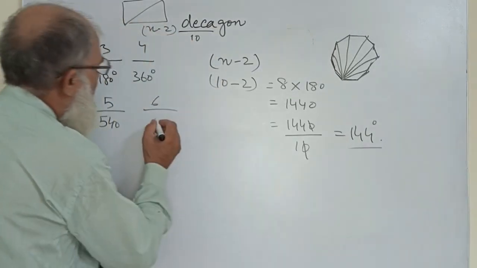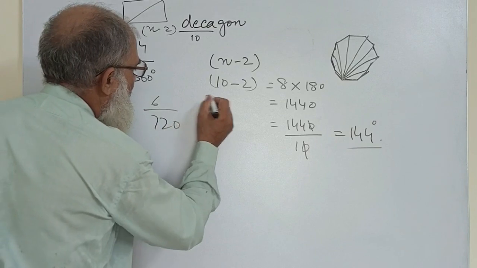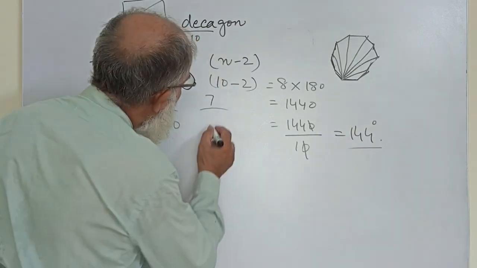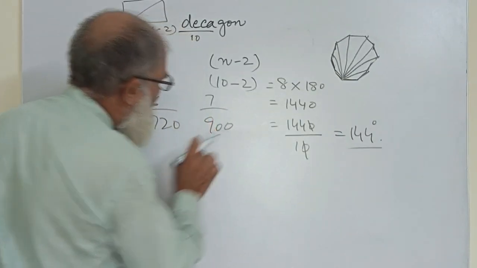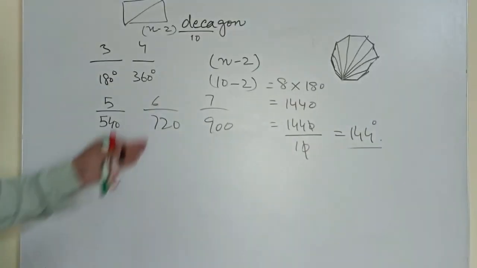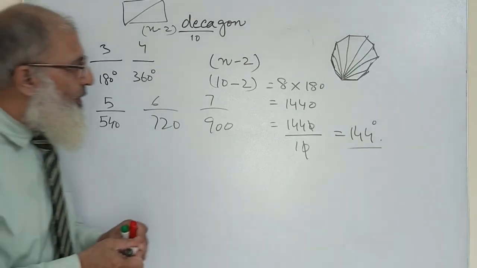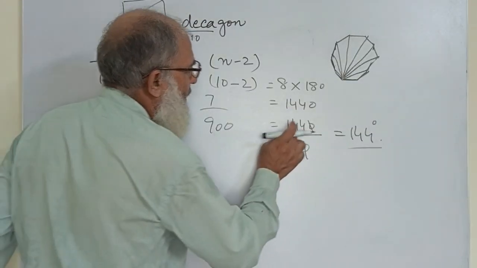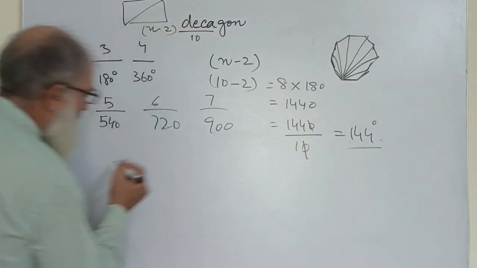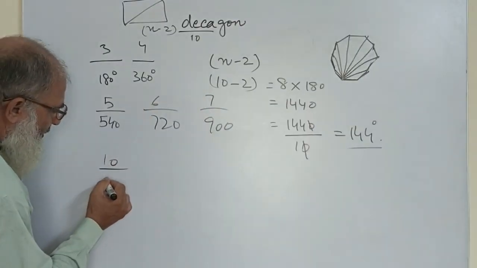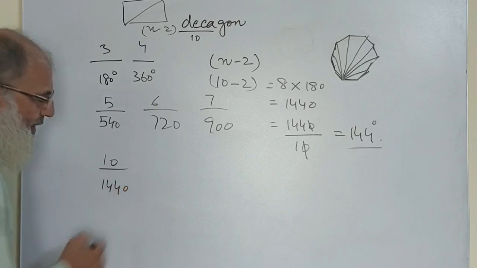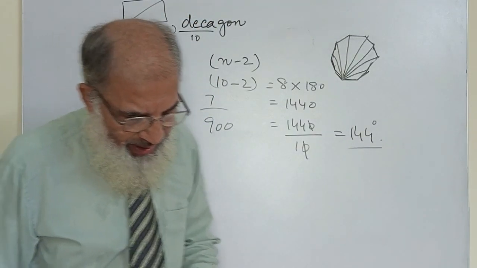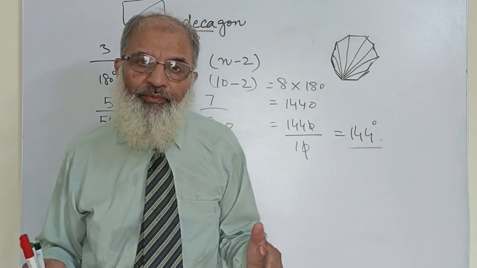In 6, it is 720. In 7, it is 900, and so forth. And in 10, there are 1440 degrees.